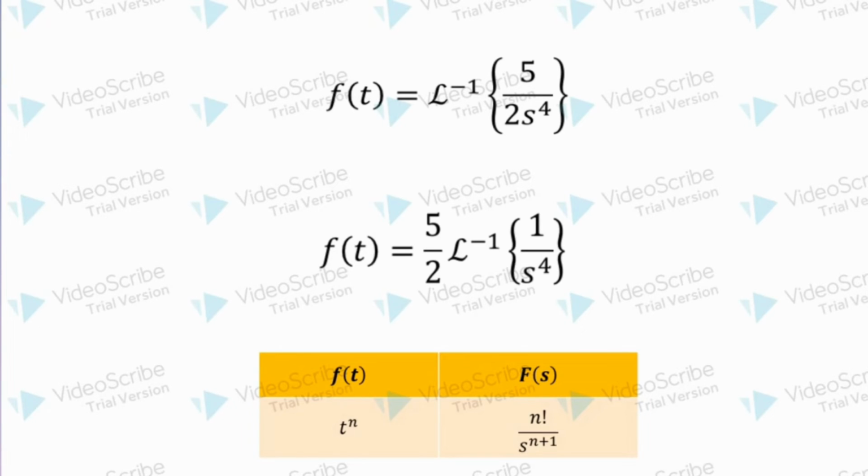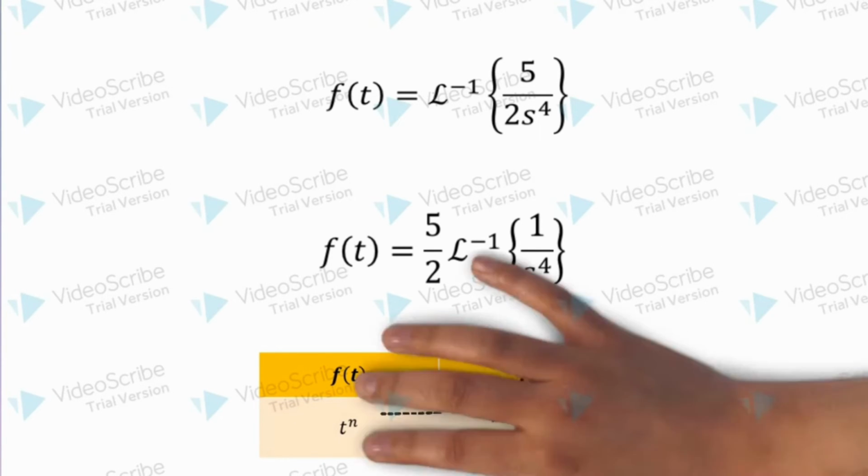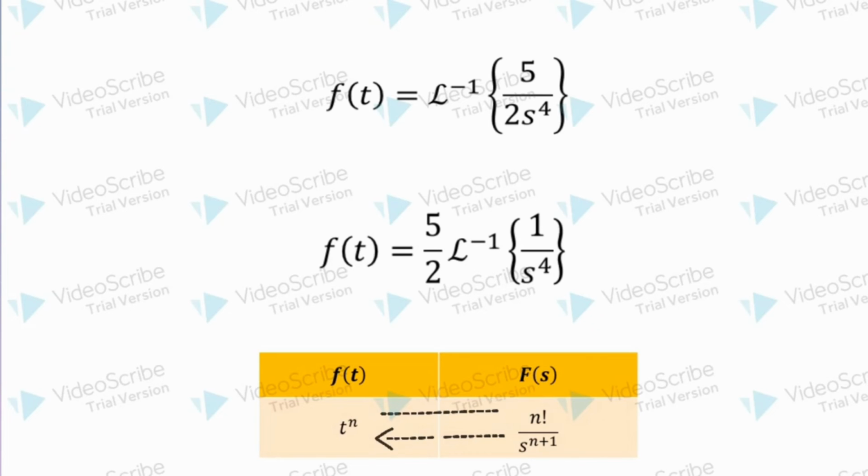In this case, by looking at the Laplace transform table from t function to s function, t to the power of n is n factorial over s to the power of n plus 1. And the inverse, from s function to t function, we should have t to the power of n.